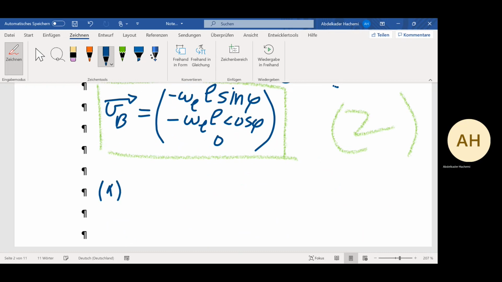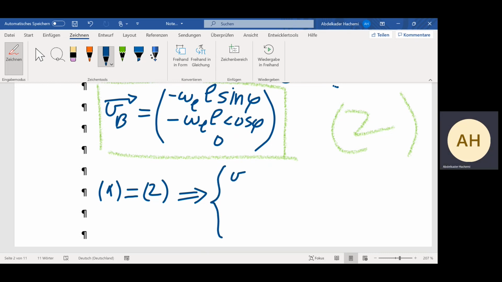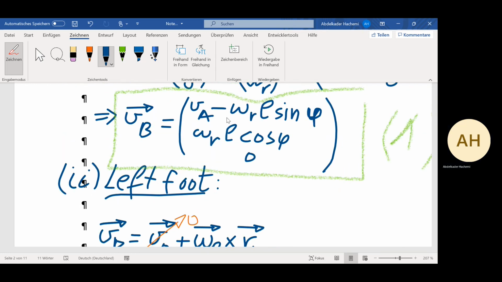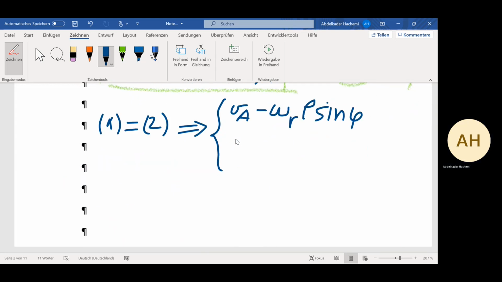Then 1 equals 2, it means we get here VA minus omega R L sine phi for the first term, and for the second term in the Y direction, omega R L cosine phi.